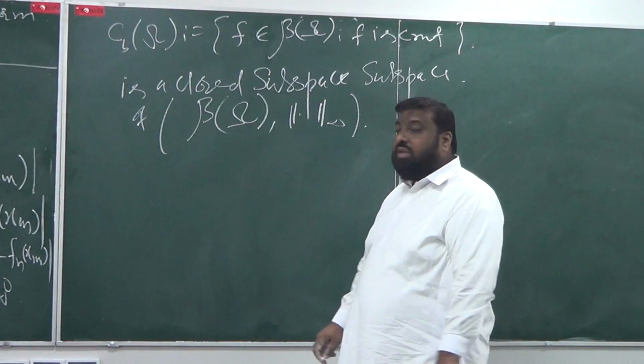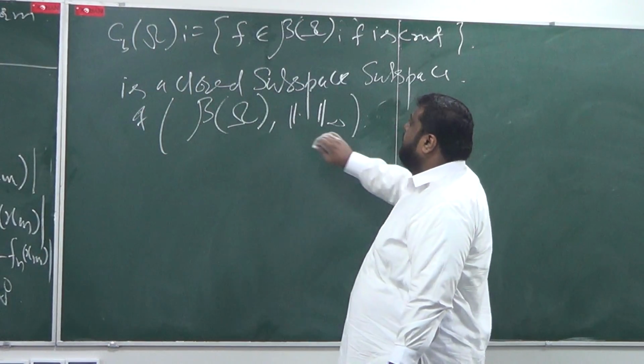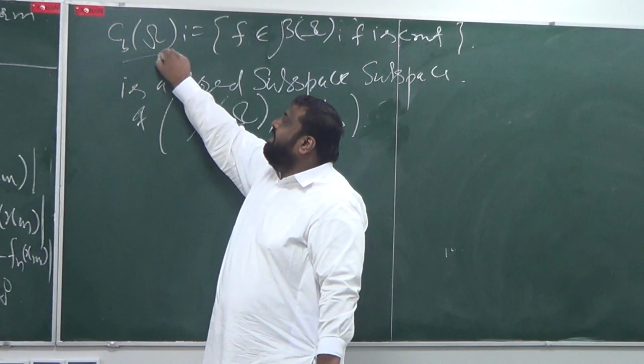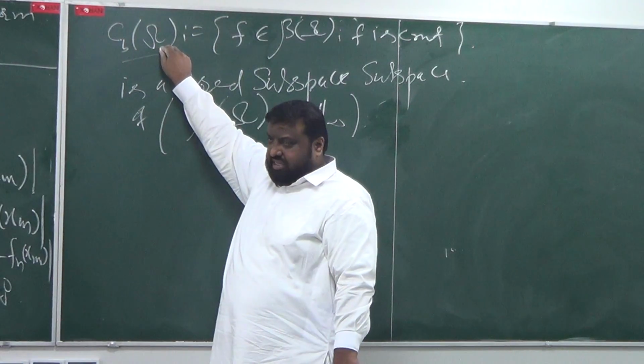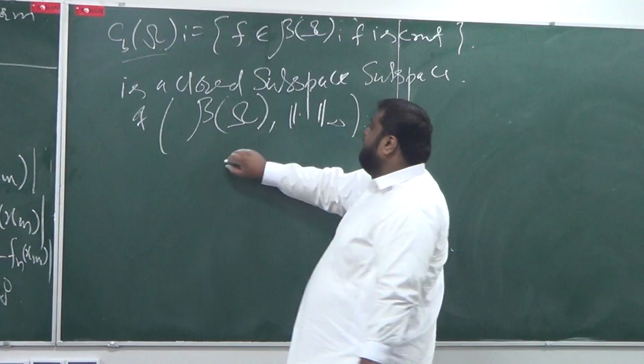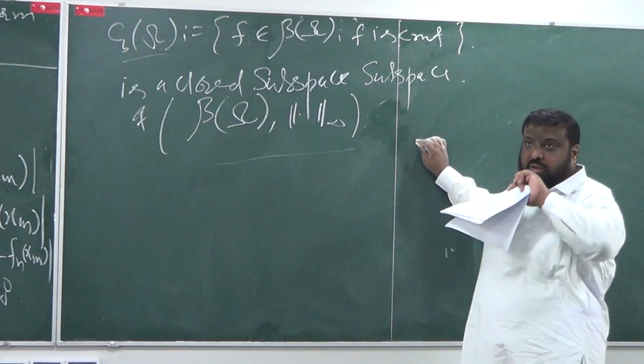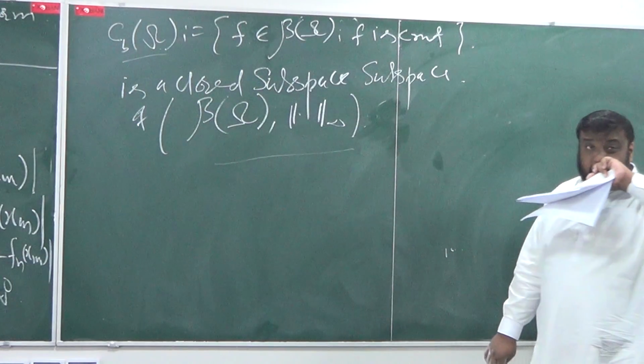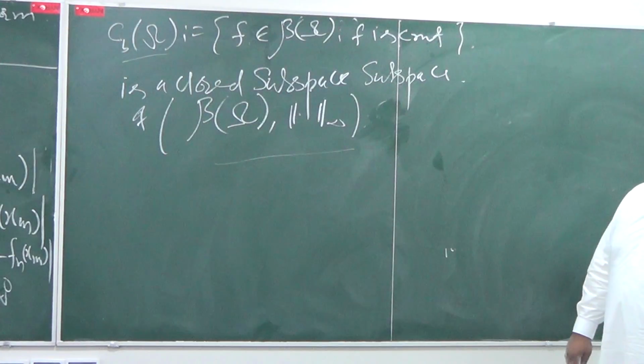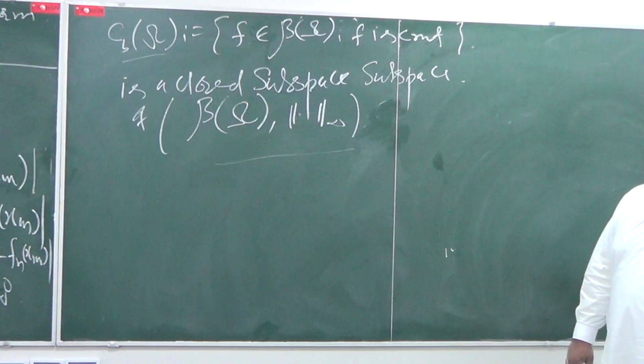So I am saying that the space of all continuous and bounded functions over an arbitrary omega is a closed subspace of this bounded space. So what is it going to show? That C_b of omega, the space of bounded continuous functions, is a Banach space.